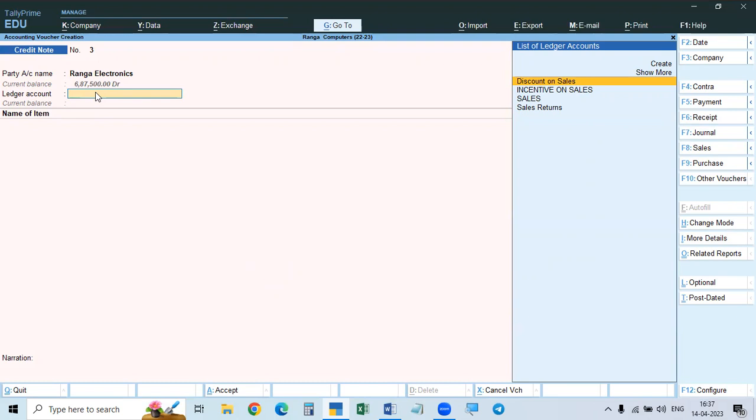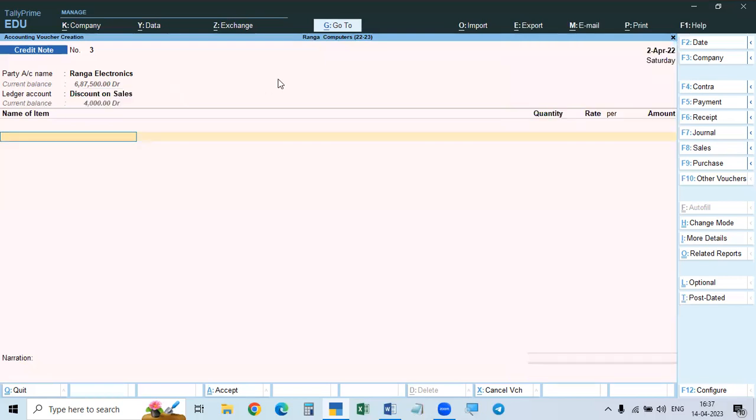like sales returns is a ledger in the sales account. Here also we will create another ledger, but the group will be sales account only. This is called discount on sales.